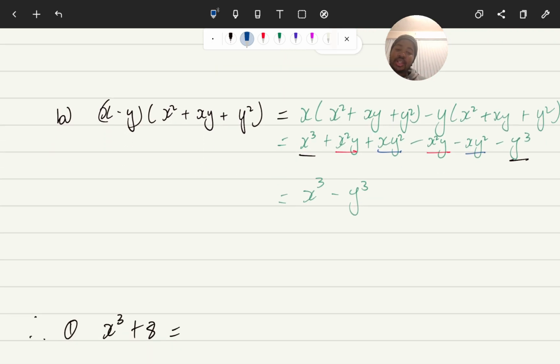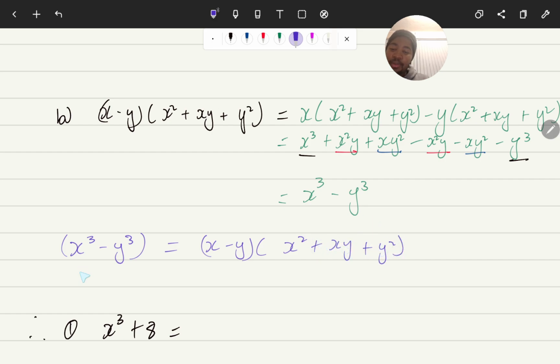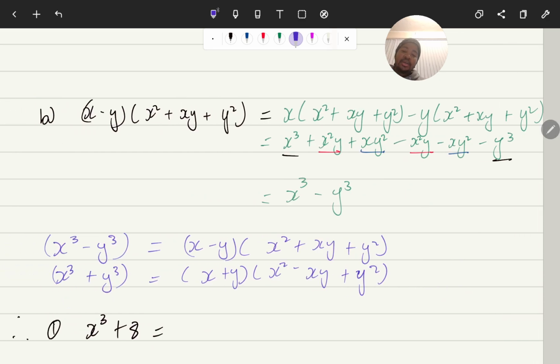We can then conclude that x to the power of 3 minus y to the power of 3 is equal to x minus y, x squared plus xy plus y squared, and then x to the power of 3 plus y to the power of 3, we can agree, is x plus y, x squared minus xy plus y squared, right?